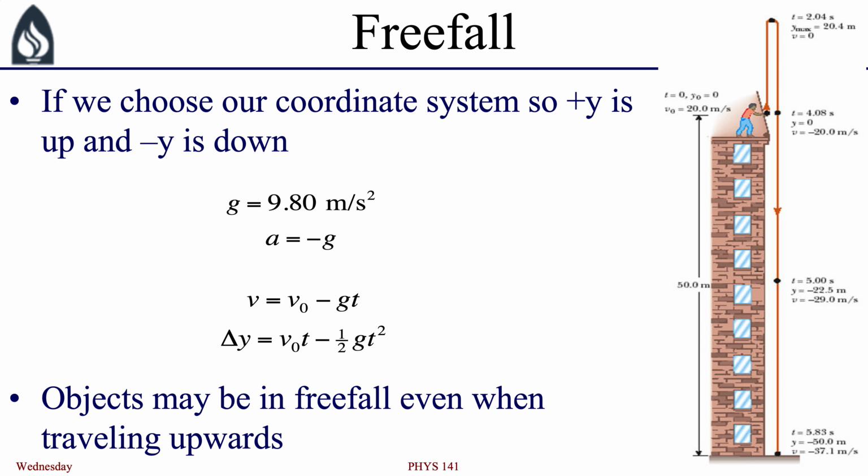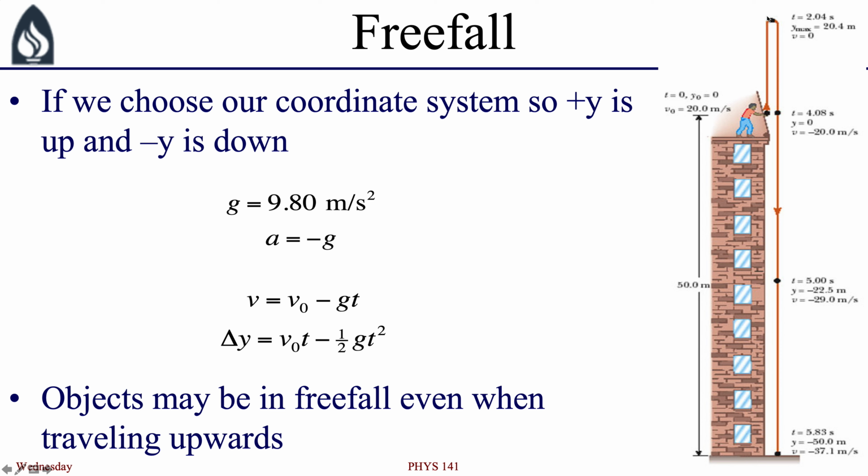So think about standing at the top of a building and throwing a ball upward. The instant the ball leaves your hand, your hand is no longer pushing on the ball. The only force acting on the ball is gravity. And so the instant that ball leaves your hand, it is in free fall, even though it's still going up. It is decelerating as it goes up. It's going slower and slower and slower.